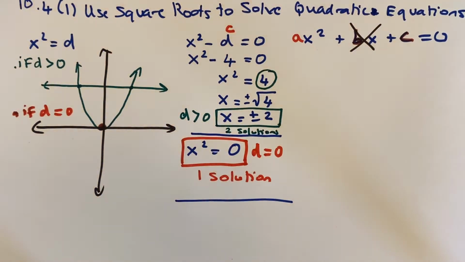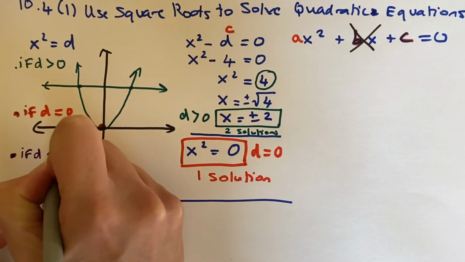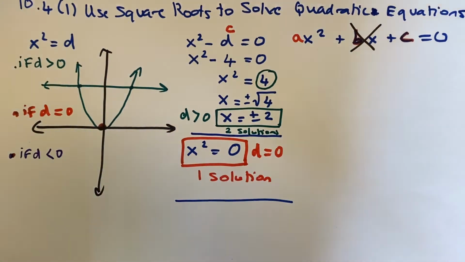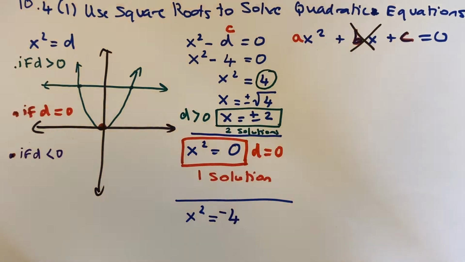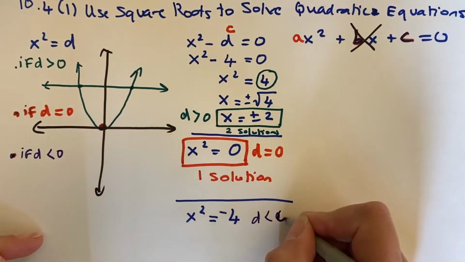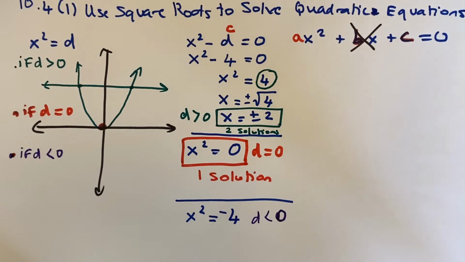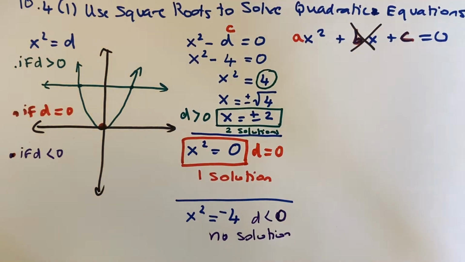And last, we're going to see what happens if d is less than 0. So if d is less than 0, then I'm going to have a negative number, for example -4. Well, if that is the situation, there's no solution, because you can't have the square root of a negative number.